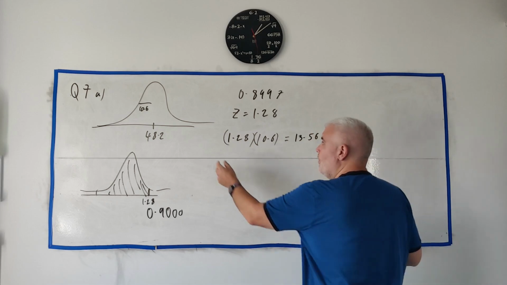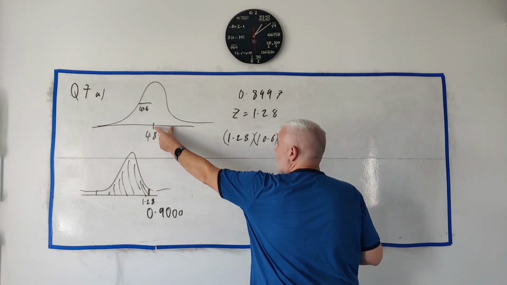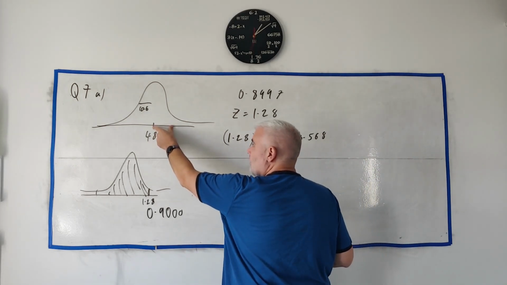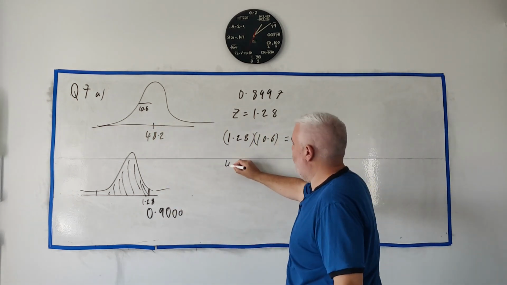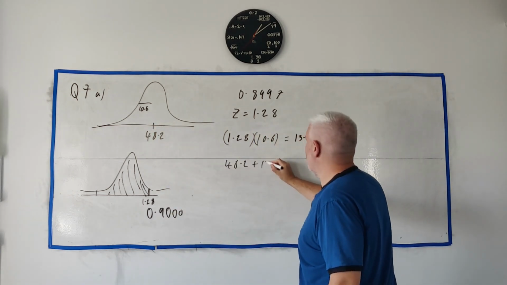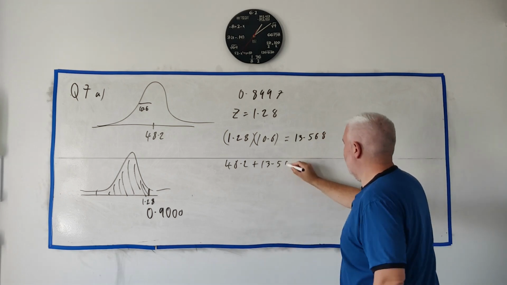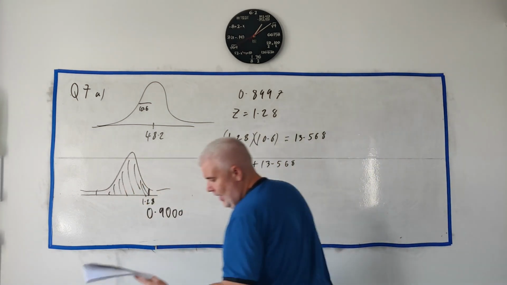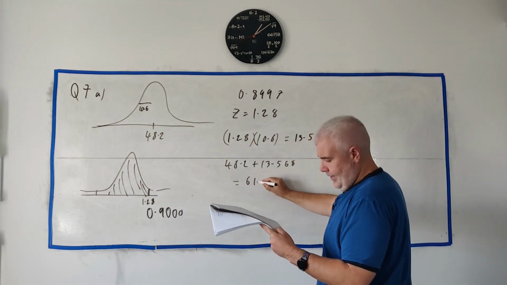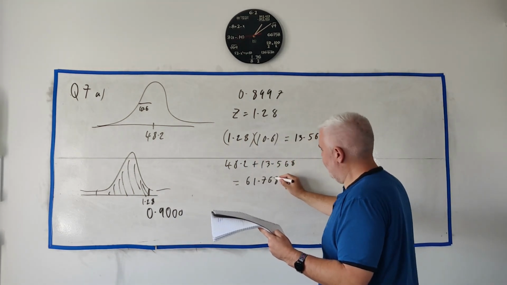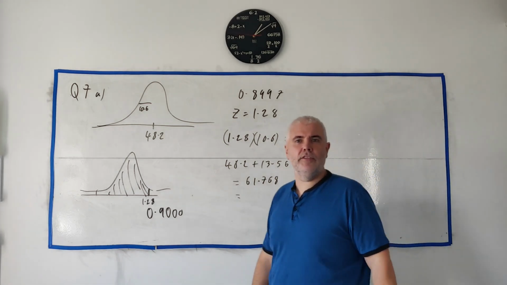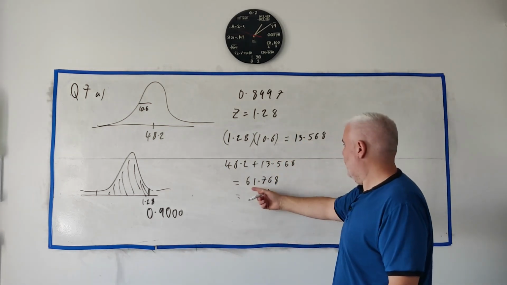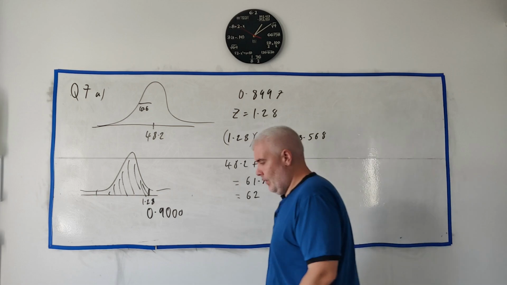So the answer would be 13.568 away from here. So we get 48.2 plus 13.568. We don't need all these decimal places, but still. Add them together and we get 61.768, but they only wanted the nearest whole number, which is 62.